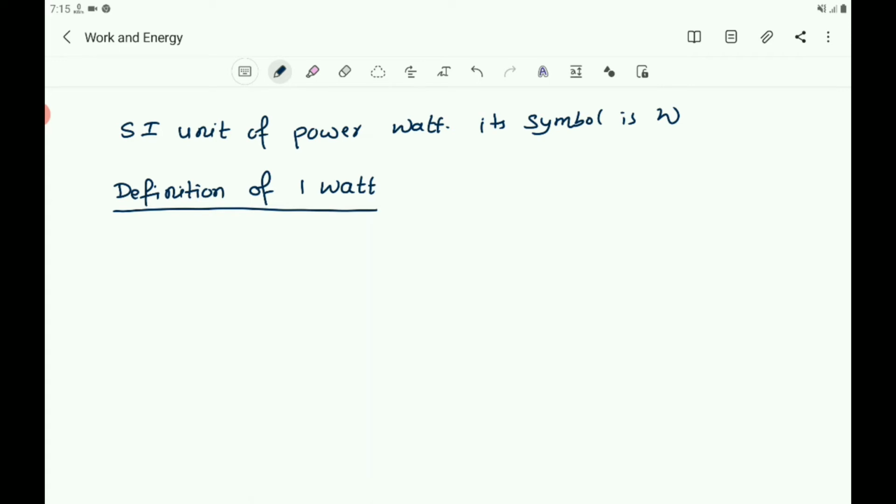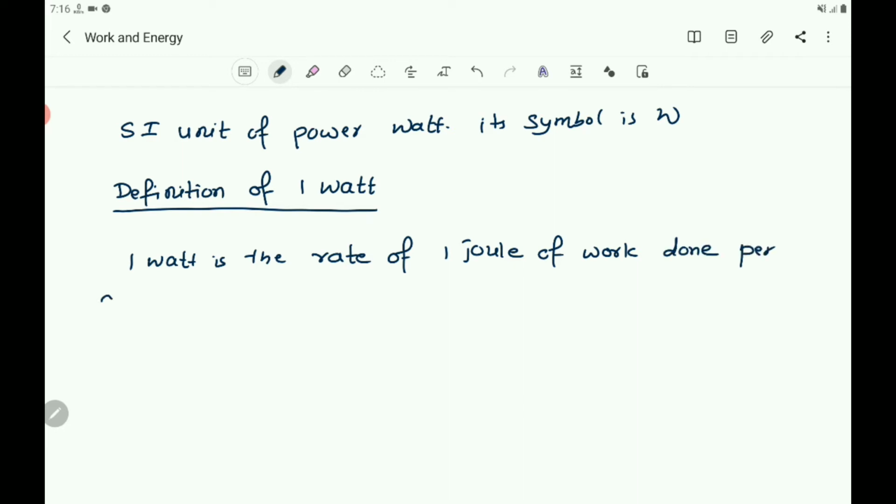So write, 1 watt is the rate of 1 joule of work done per second, rate of 1 joule per second.